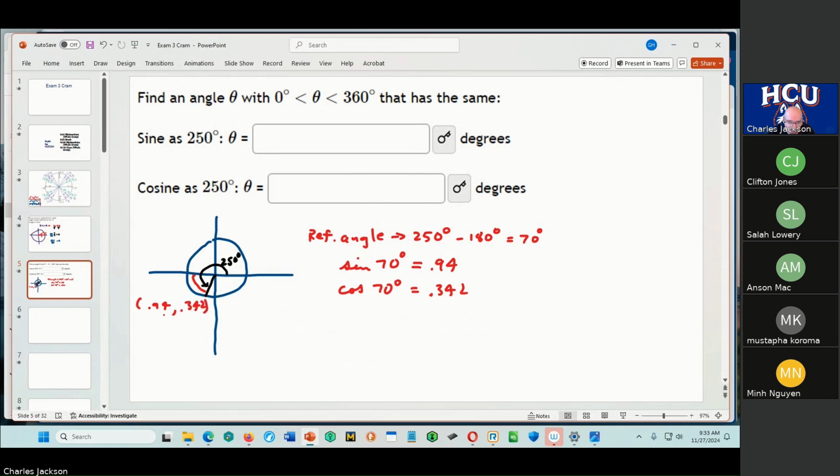And we want another angle that has the same sine as the 250-degree angle, the same distance above the x-axis. Well, that's going to be this angle over here. That's also going to be a 0.94.